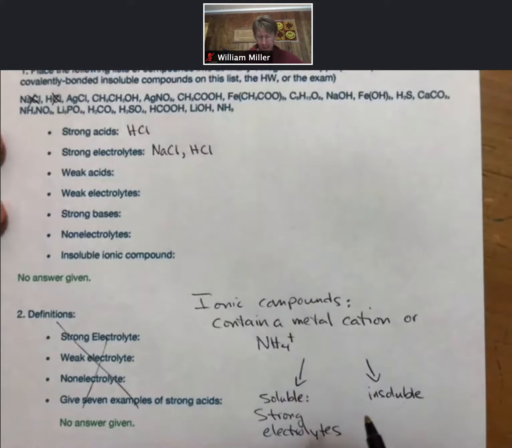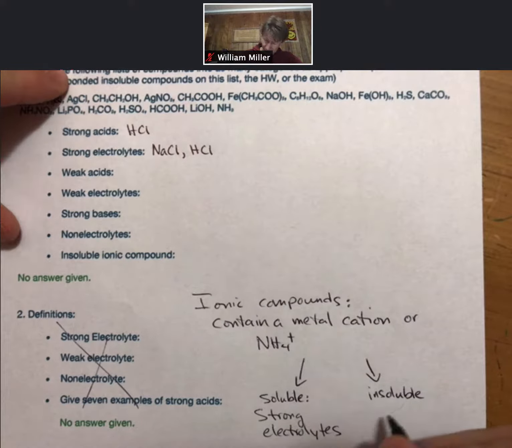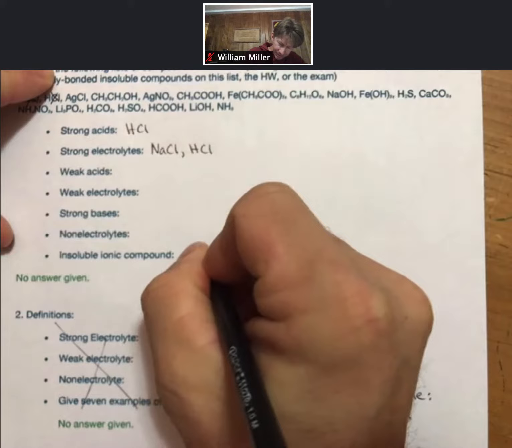All right, so working our way through this list here. Silver chloride. Almost all chlorides are soluble except a very few. One of those is silver chloride. And so that goes in our insoluble list.